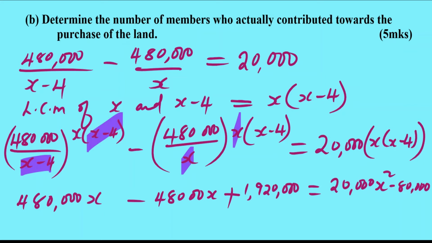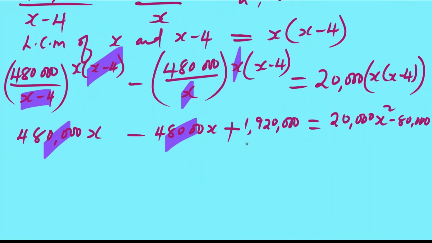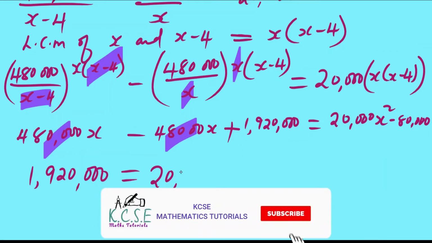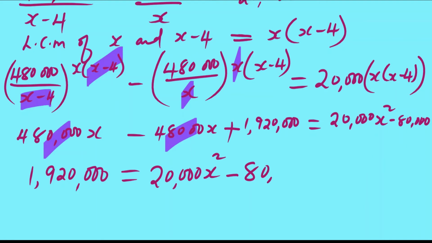Now, after doing that, something that you'll notice, 480,000 X and 480,000 X, if we subtract, it will be 0. So this side will remain with 1,920,000, which is equal to 20,000 X squared minus 80,000 X.